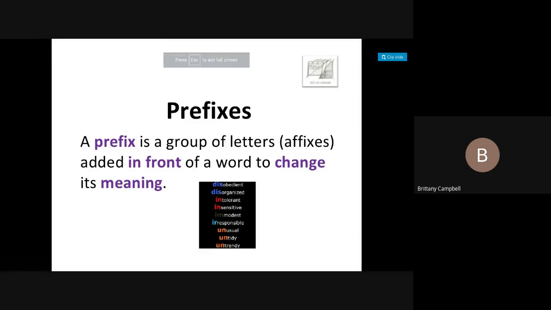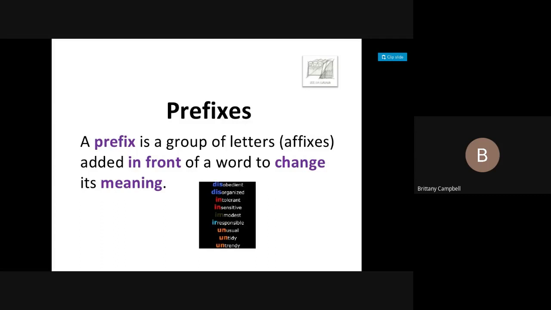Now, looking at prefixes, as was said early on, a prefix is a word of letters. I think Dijon stated it early on. Affixes, yes, added in front of a word to change its meaning. So again, a prefix, what is it?